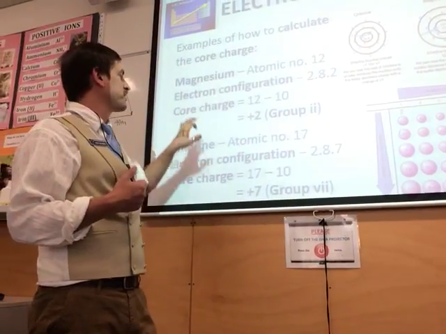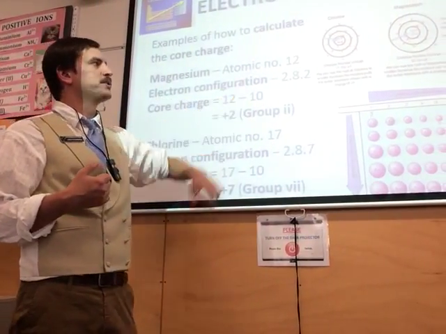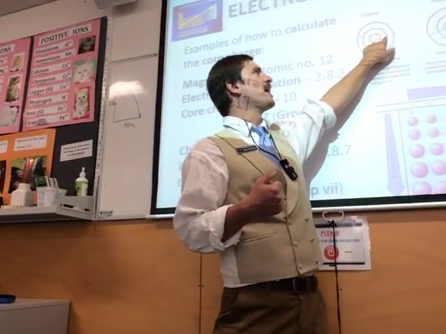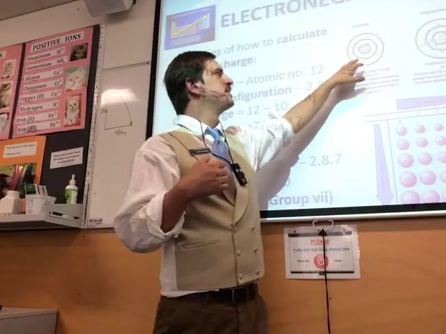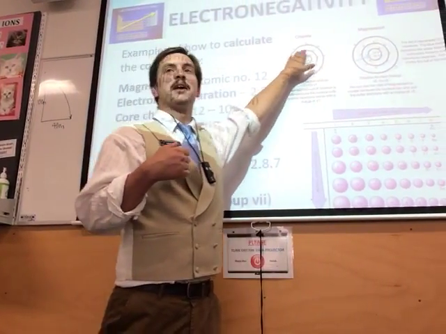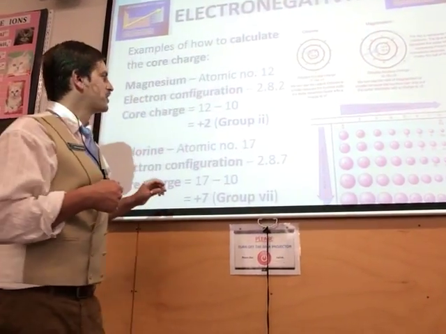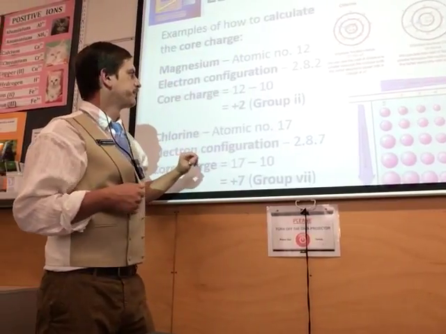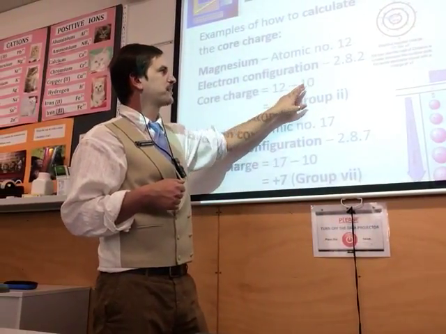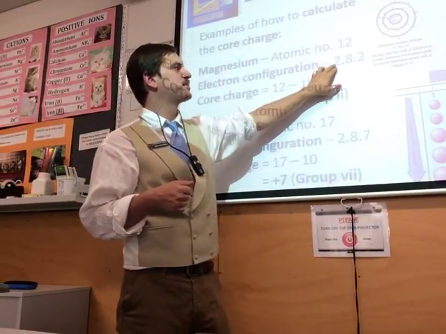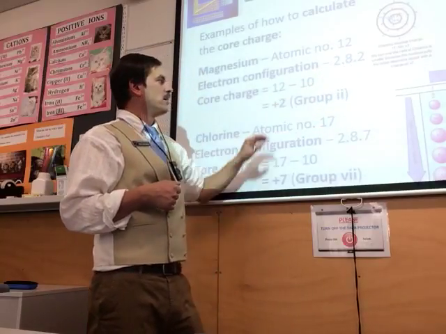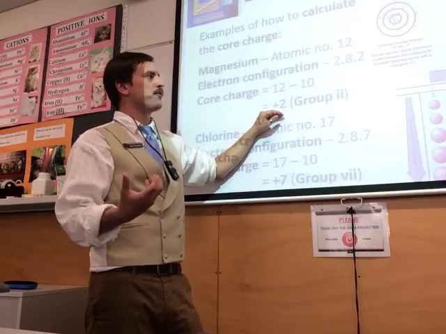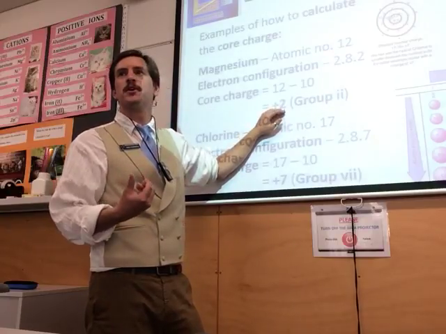And we also work out the electron configuration, because if you've got all these negative electrons in the way, it's going to diminish that force as well, because they're shielding the electrons on the outside. So the core charge ends up being 12, take those inner shell electrons, we've got 2 and 8, so 12 take 10. Lo and behold, the core charge is plus 2.